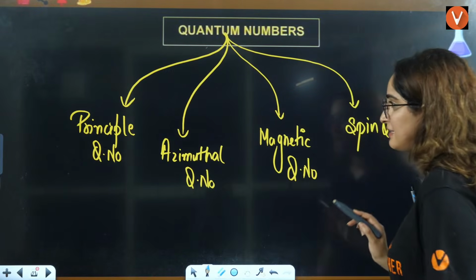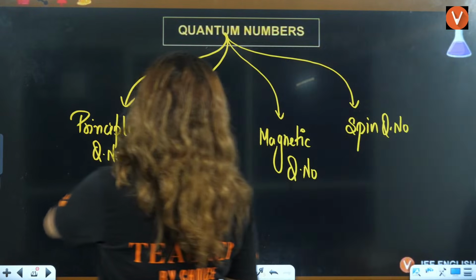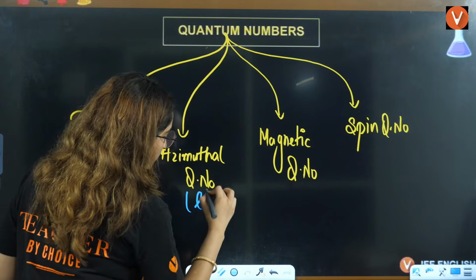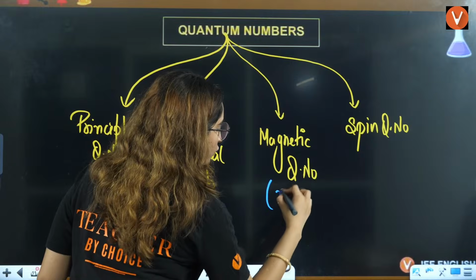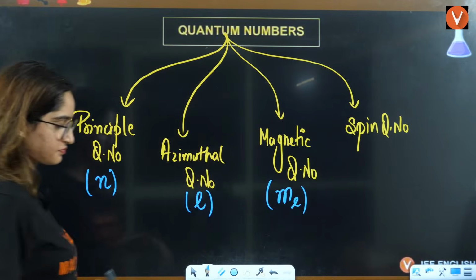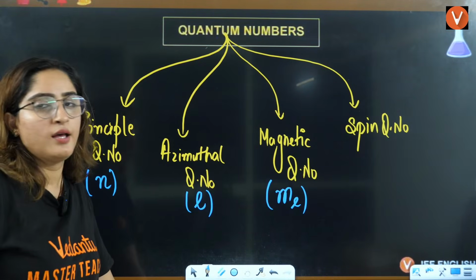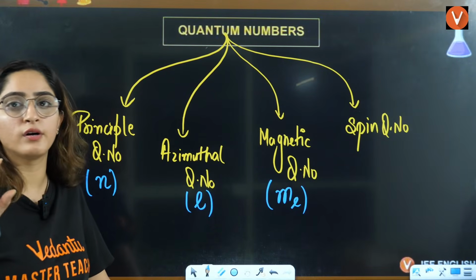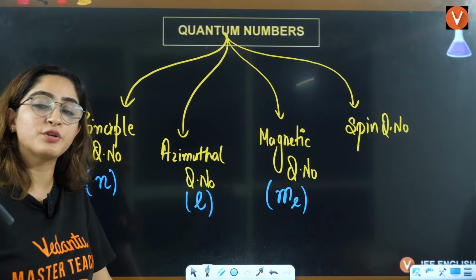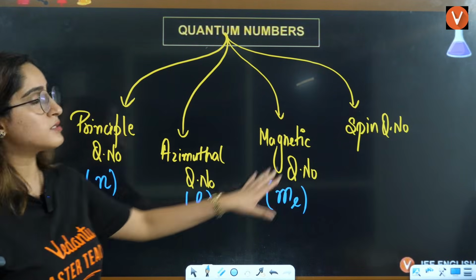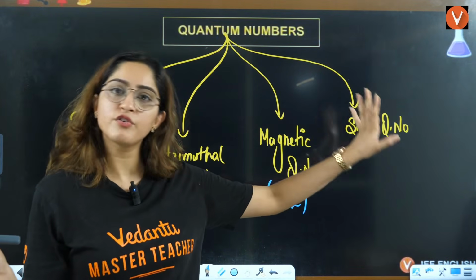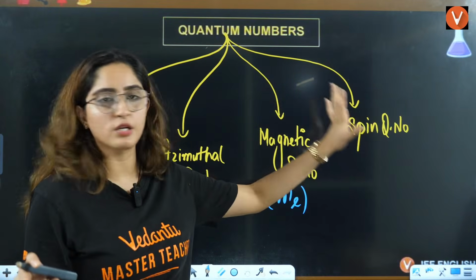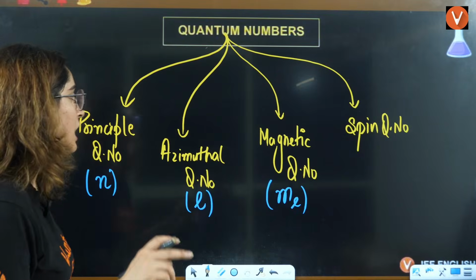Now, these 3, principal quantum number, azimuthal quantum number, and magnetic quantum number, are the solutions of the Schrodinger wave equation. But spin is not a solution of the Schrodinger wave equation.